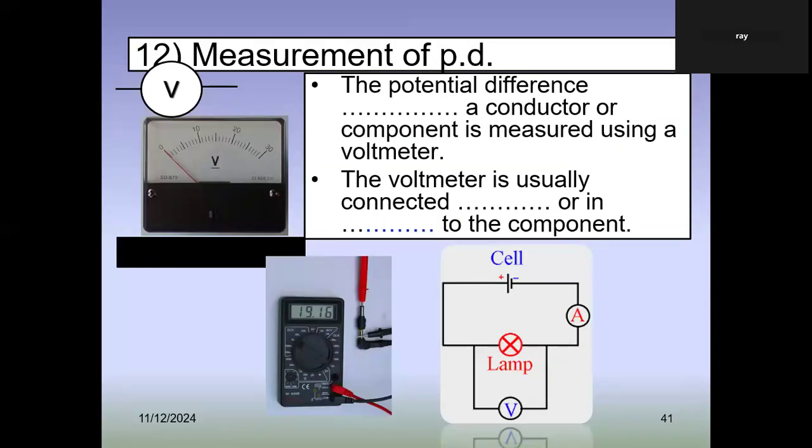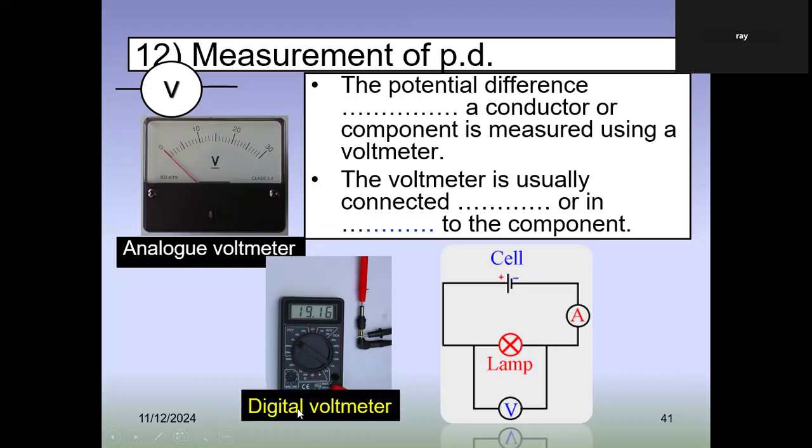Okay, that's the symbol for a voltmeter. That's a voltmeter. This one is analog. This one is digital. The lab should have both of them. Potential difference across a conductor can be a lamp, a conductor or any resistor.